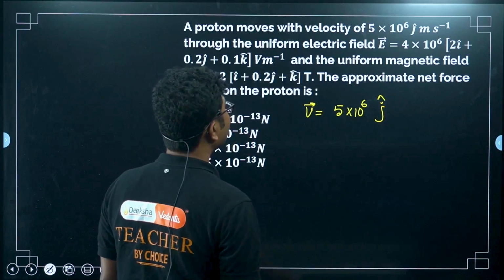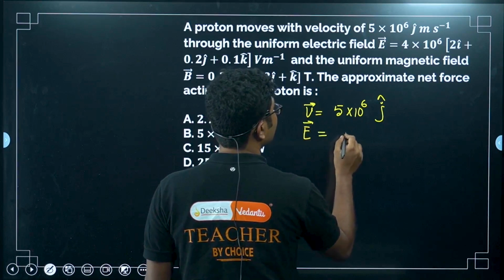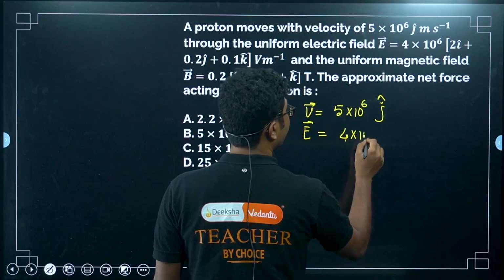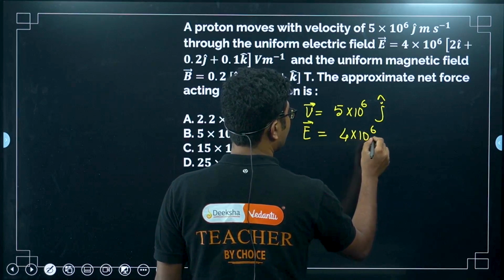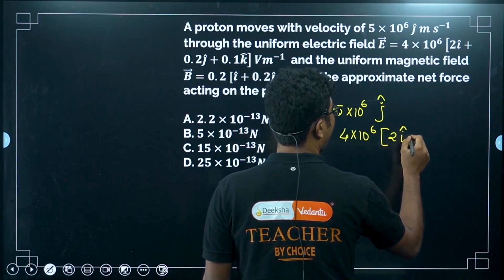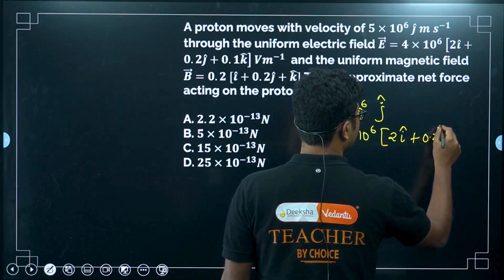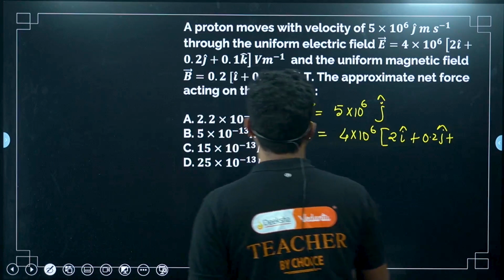And electric field is given by 4 times 10 to the power of 6 times (2 i cap plus 0.2 j cap). This is from one of the previous year problems.